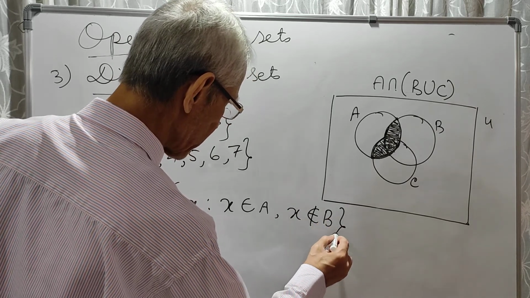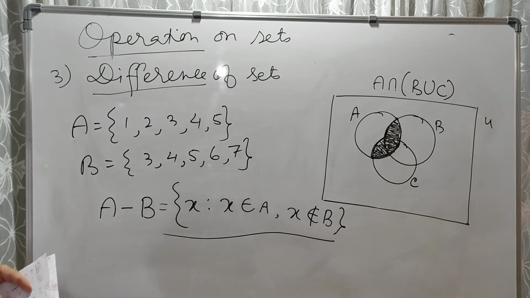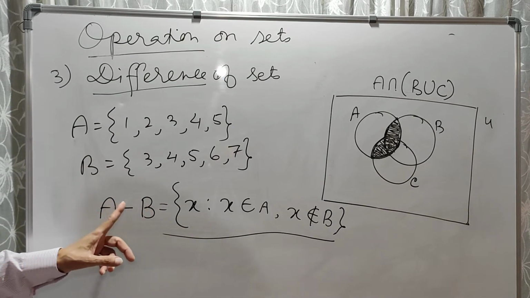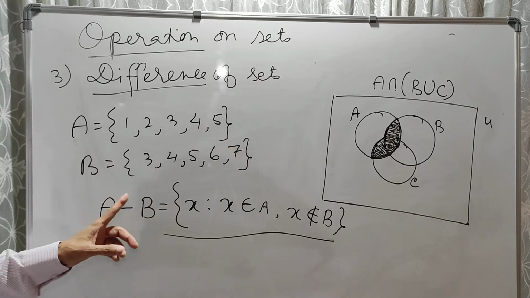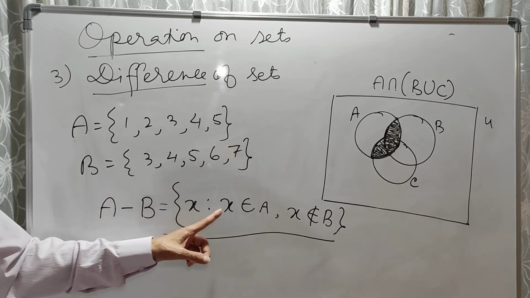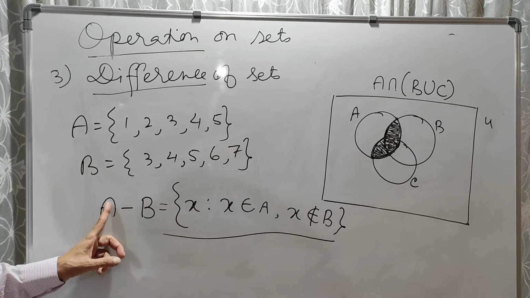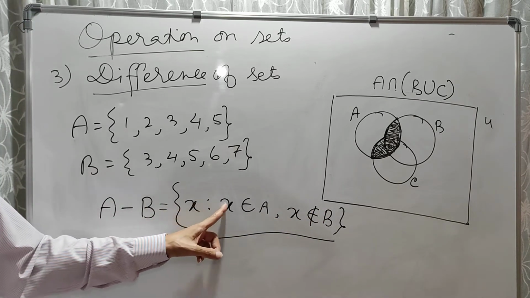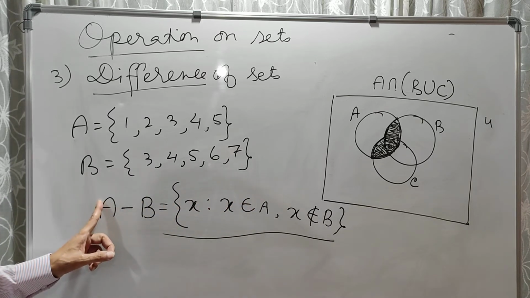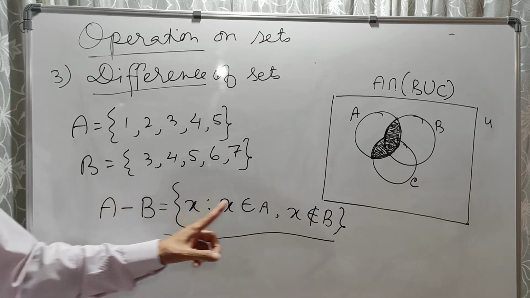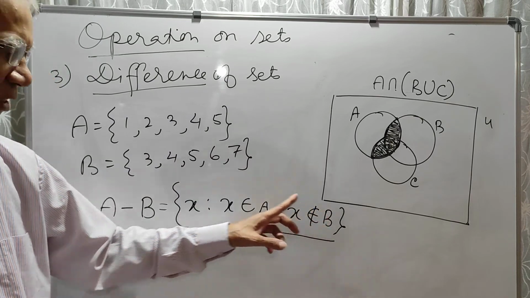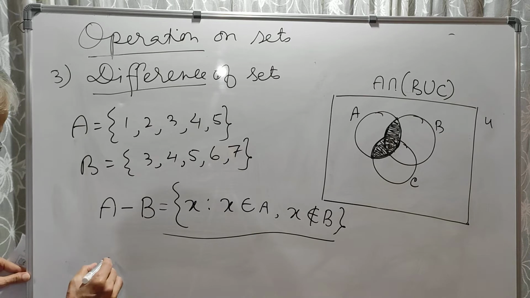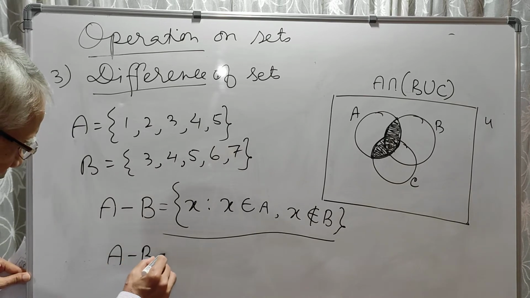This is the general expression for A minus B or A difference B. It is a set containing the elements of A which are not present in B. Now using this general expression, let us find out A minus B.